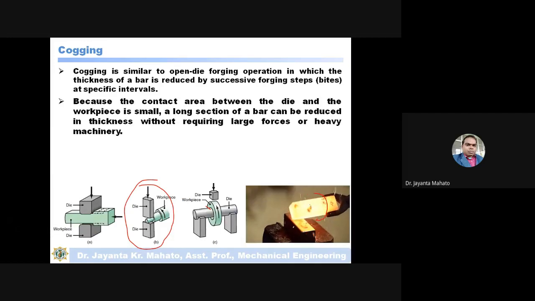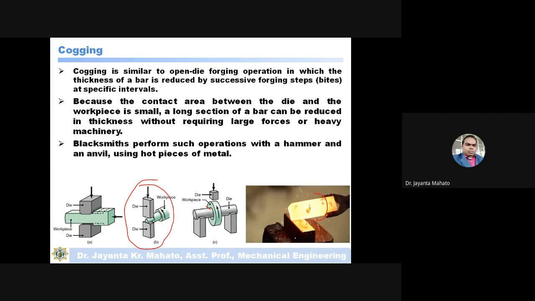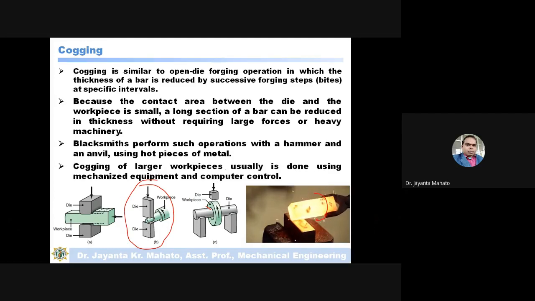So in this case, a smaller amount of friction force is generated. Okay. So a blacksmith performs such type of operation with a hammer and anvil using a hot piece of metal. Okay. So this is gogging.